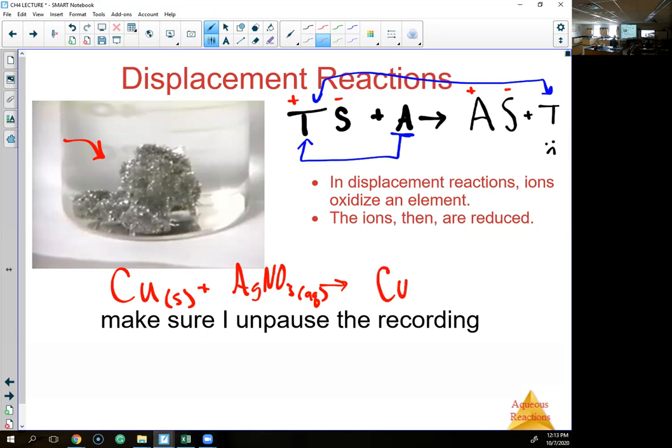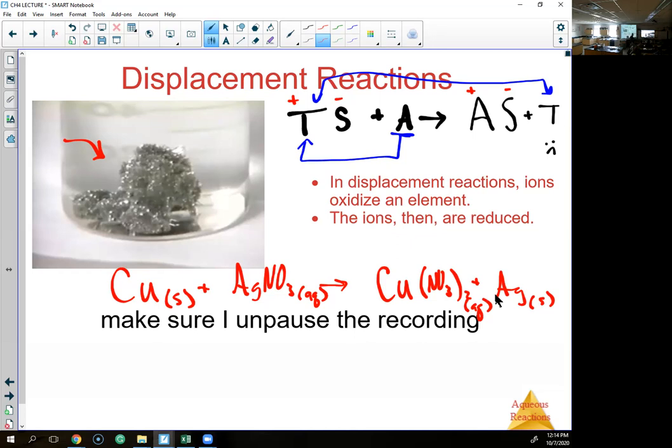Copper is going to replace silver. All right, so I get Cu(NO3)2, plus Ag solid, this would be aqueous. So we look up here, and this doesn't look like copper. What does it look like? It looks like silver, because the silver solid is stuck to the copper wire.